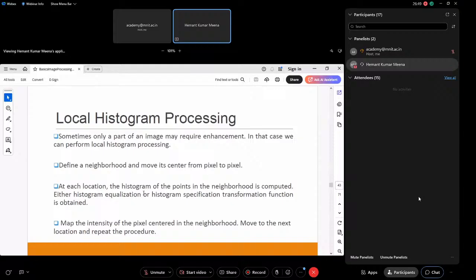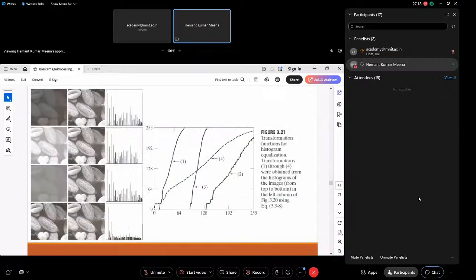At each location, the histogram of the points in the neighborhood is computed. Whatever histogram processing had been happening on the whole image will now be centered upon some particular part. You can see the diagram.